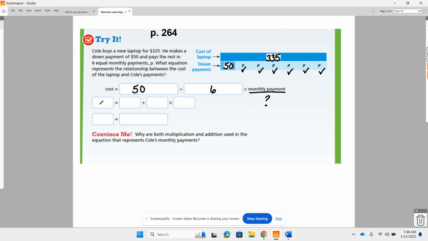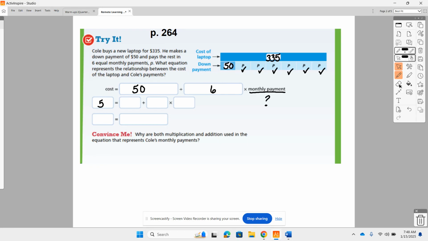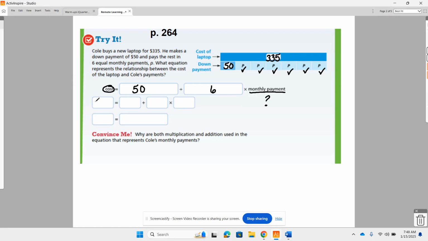What we need to do is try to solve the equation. So we're going to say 335, our cost, is equal to 50 plus 6 times P, our monthly payment, our variable.